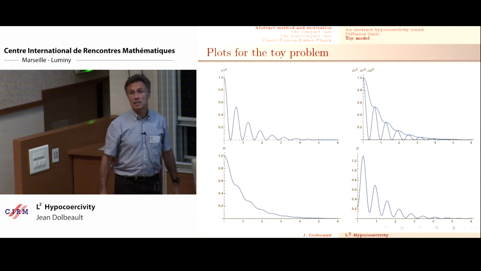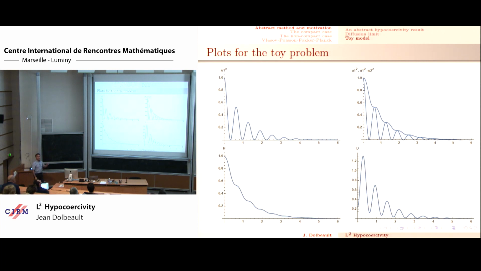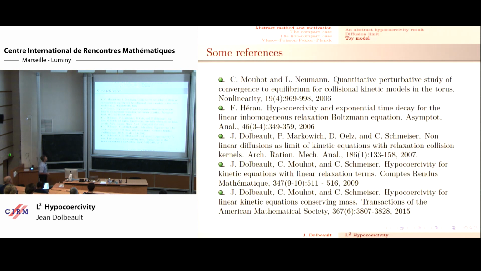Okay, so you see the idea is extremely basic. We introduce some twist in the components, or if you make a spectral decomposition, you introduce some twist for each of the modes, and that's the way it works. So, okay, it's a bit of a long story. Some of the ideas were already present in the paper of Clément Mouhot and Lukas Neumann.